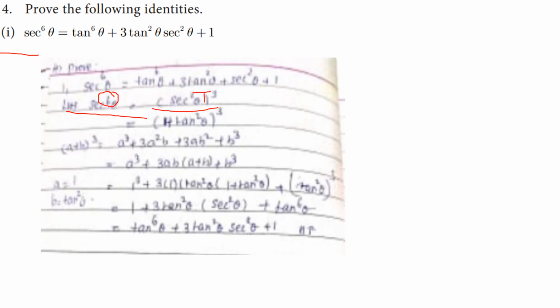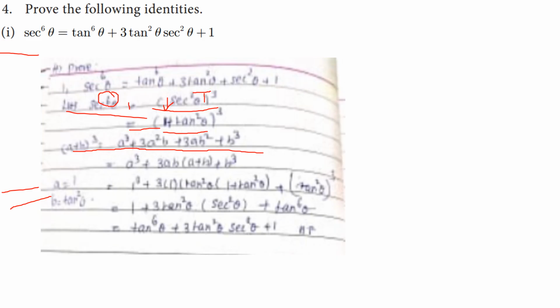So after you change the identity, secant squared theta, how to write it in tan squared theta form? 1 plus tan squared theta is secant squared theta, whole cube. Here we use this identity: a plus b whole cube equals a cube plus 3a squared b plus 3ab squared plus b cube. What is a here? A is 1 and b is tan squared theta.